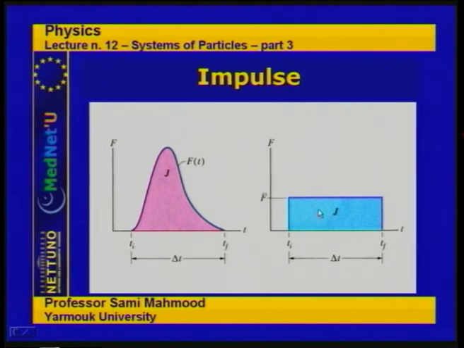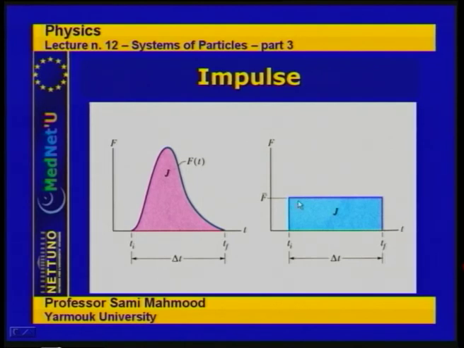Then the rectangular shape is a convenient way to measure the impulse acting on one of the two objects, because the area of a rectangle is easily determined by multiplying the height by the value of delta t. And the height in this case, we call it F average. So the height of the rectangle is the average force.